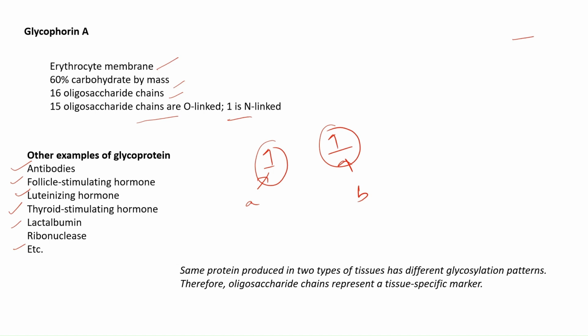Hence, the glycosylation pattern or the oligosaccharides attached with the protein can act as a tissue-specific marker because they are different in different tissues. Therefore, the oligosaccharide chain represents a tissue-specific marker.